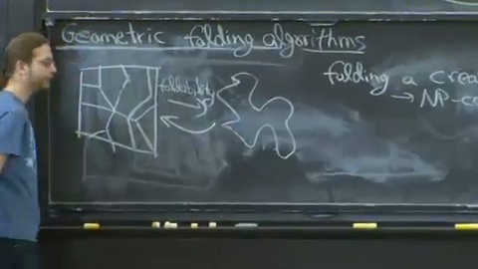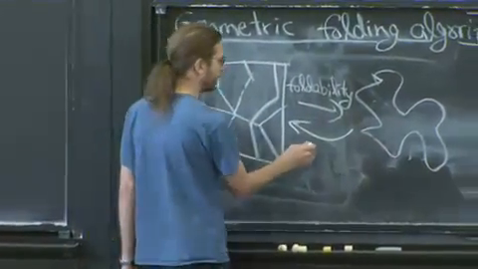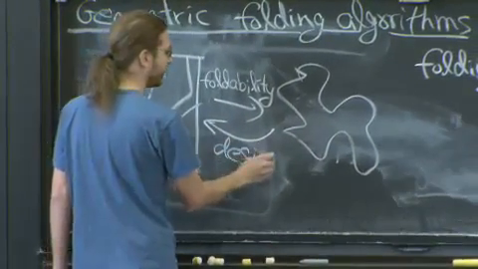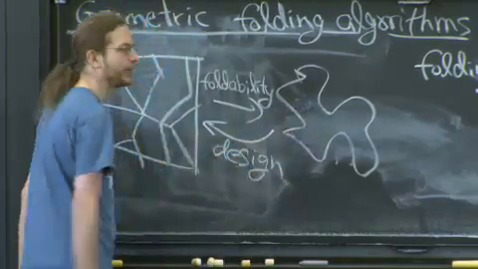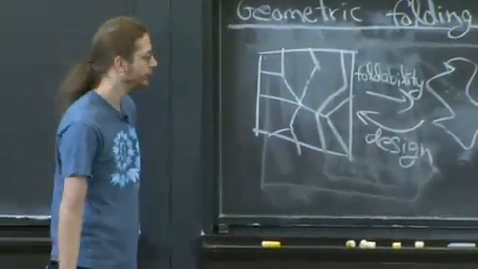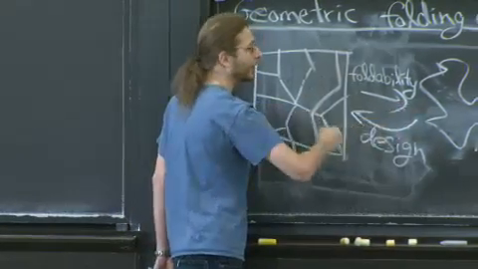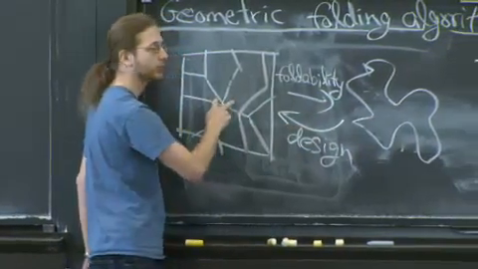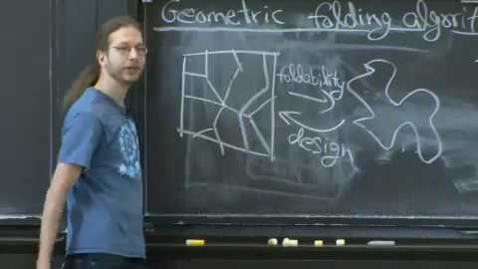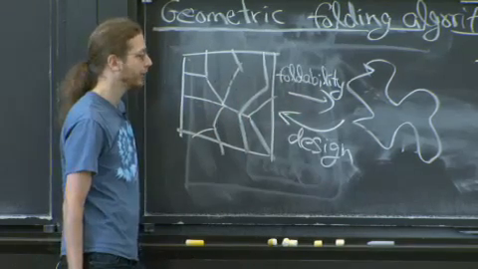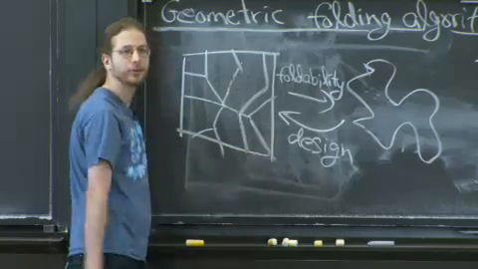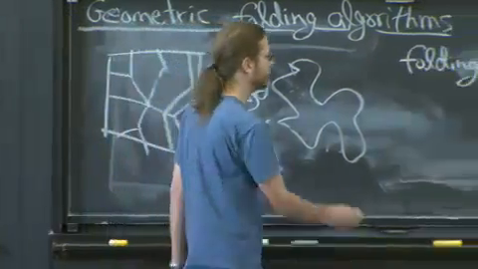In some sense, the more interesting direction, though, is the reverse direction, which I would call origami design. I have an intended 3D shape I want to design. How can I, as an algorithm, convert that 3D shape into a crease pattern that is guaranteed to fold into that 3D shape? And that's actually solvable. So design is easier.